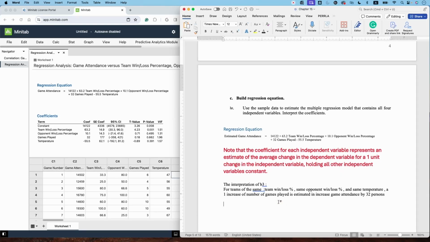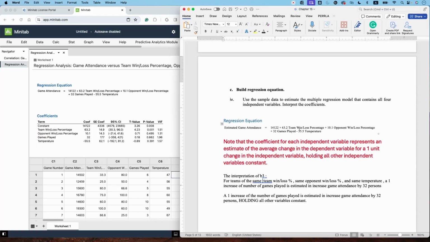We can say it another way: a 1 increase in the number of games played is estimated to increase game attendance by 32 persons, holding all other variables constant. You can do it this way or the other way around.